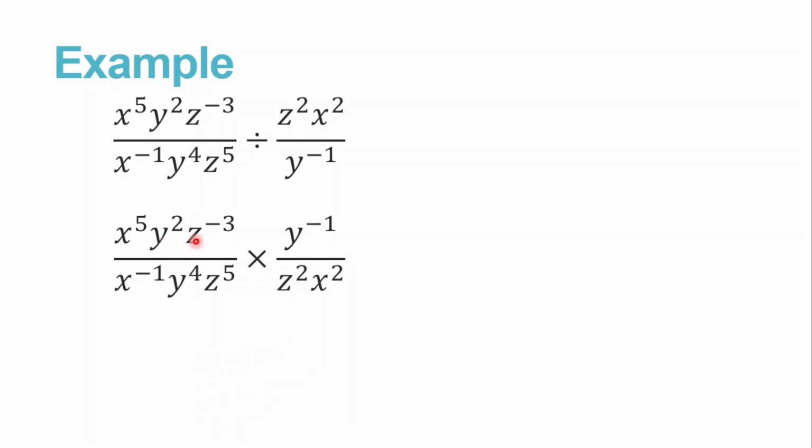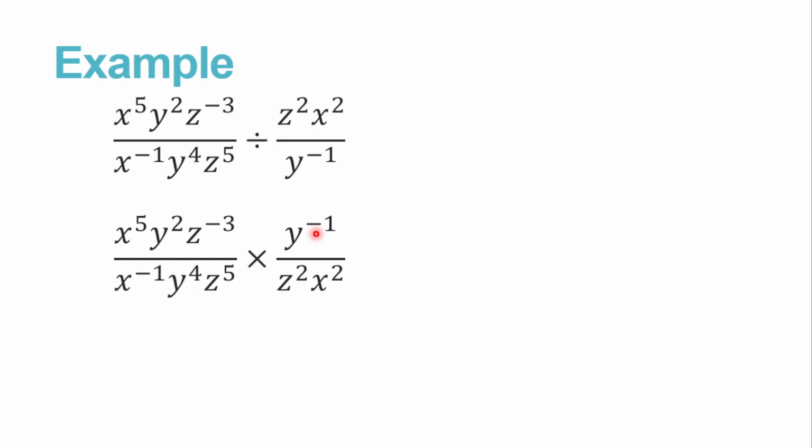So we have similar variables. Variables is what we call the x, y, and z, or w, any letter. That's what we call the variable. So y squared times y raised to negative 1, we know that's the first law.